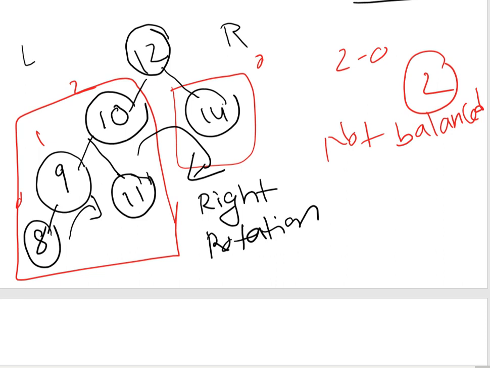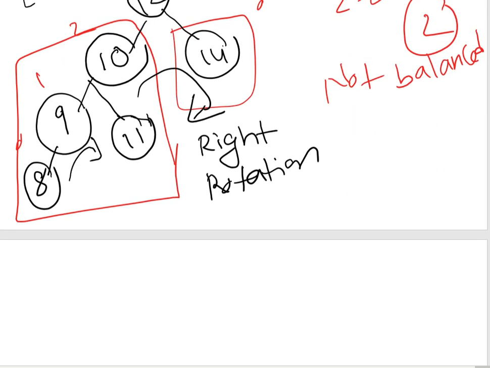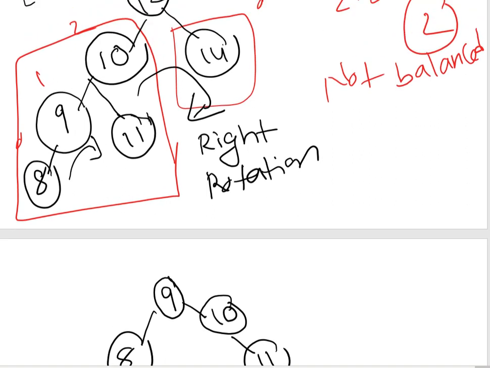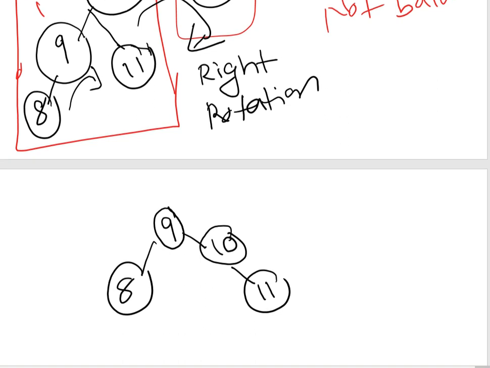Yeah, this is a right rotation. So if we perform right rotation here, where can we perform it? At the left side. Then what happens? 9 will be the root, 10 goes here, 11, 9 will be 8, and we have 12 and 14, right?